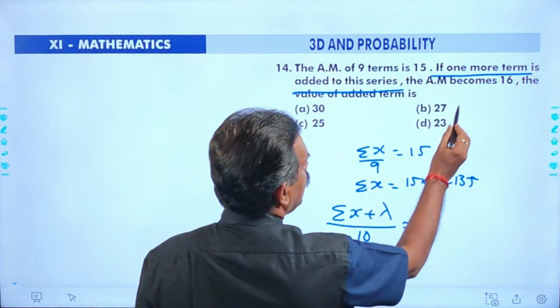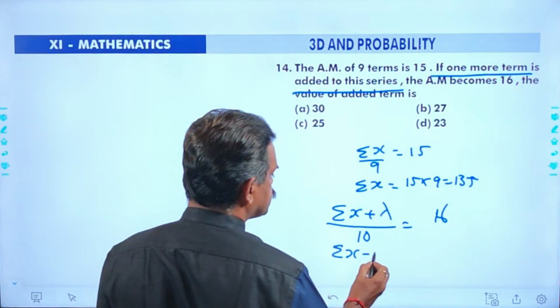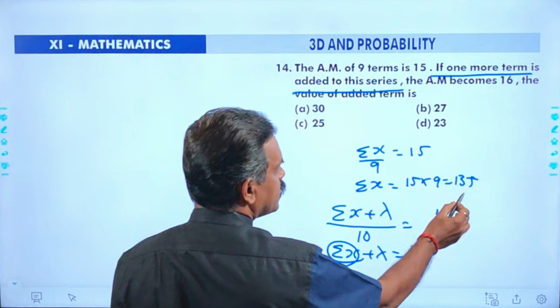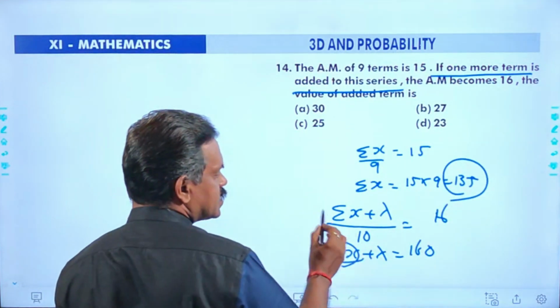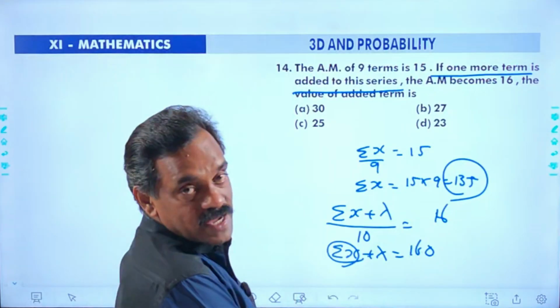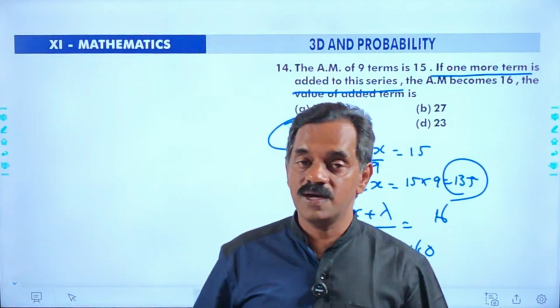At that time, AM will become 16. So sigma x plus lambda equal to 160. Sigma x we have the value 135. So 135 plus lambda equal to 160. So lambda equals 160 minus 135, which is 25, which is given by choice C.